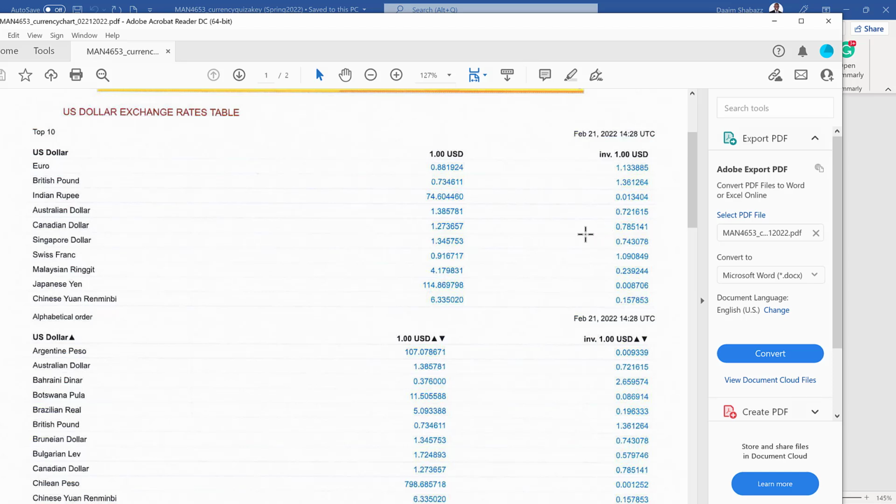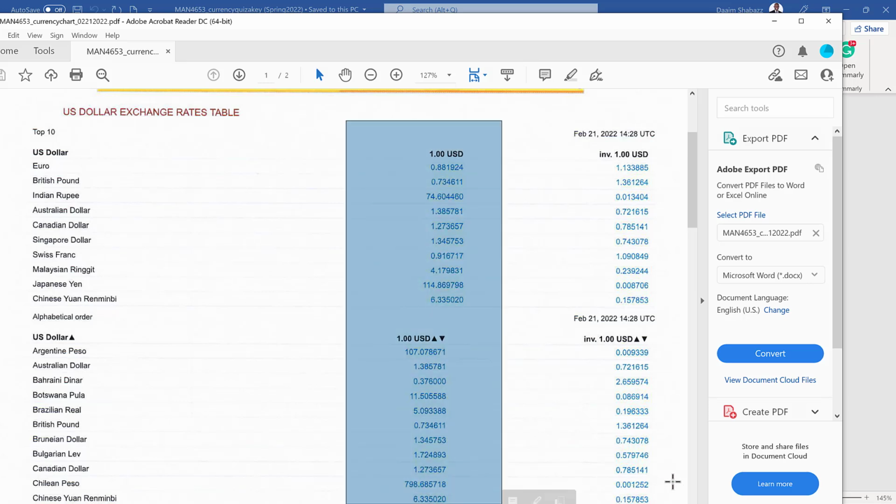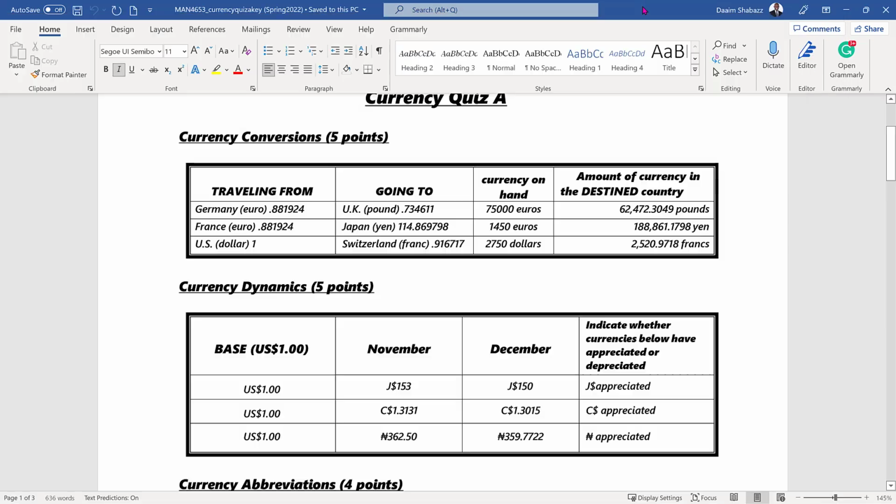For this one, it is the US dollar. So in this column here, and you go all the way down, everything in this column is equal to $1. So that is going to be the common denominator for both the euro and the pound.